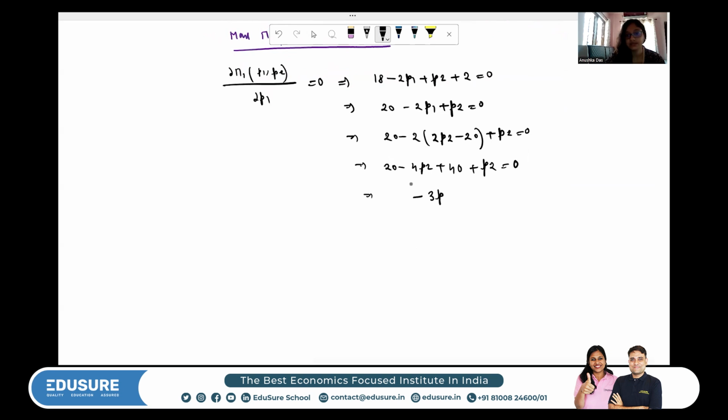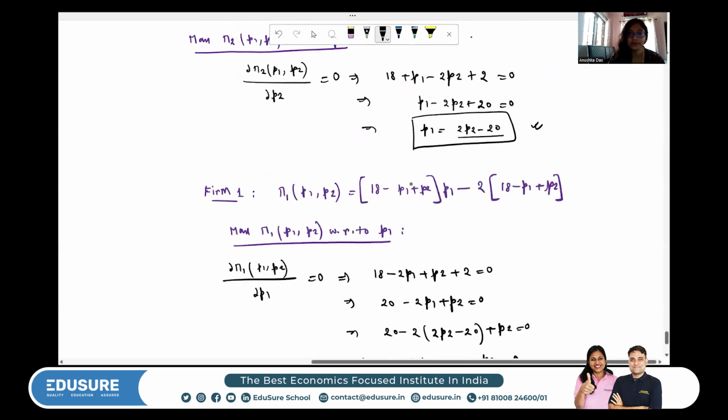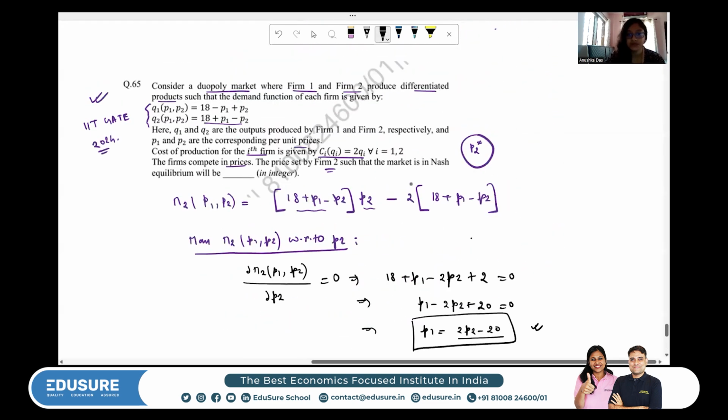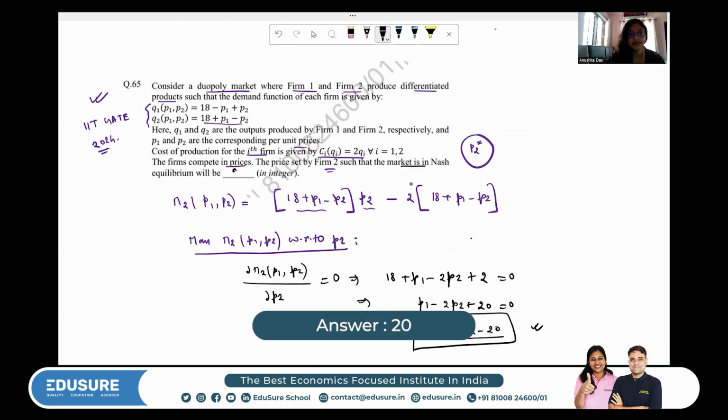So minus 3P2 plus 60 equals 0. So 3P2 is 60 and P2 star is 20. This is the optimal price for the second firm in Nash equilibrium. So the price set by firm 2 such that the market is in equilibrium is 20. And that's your answer.